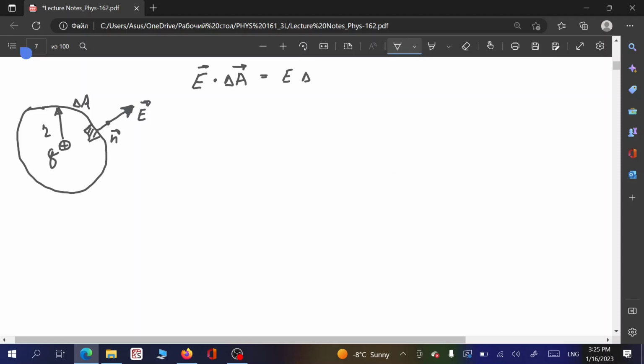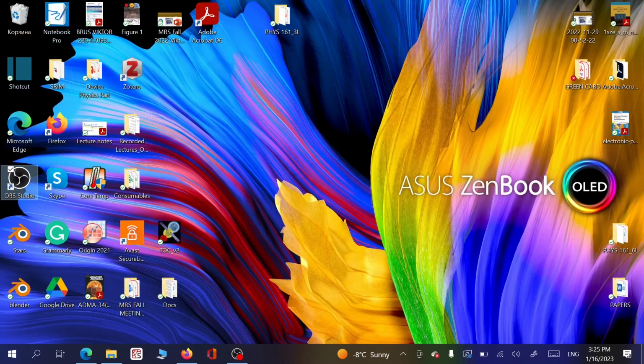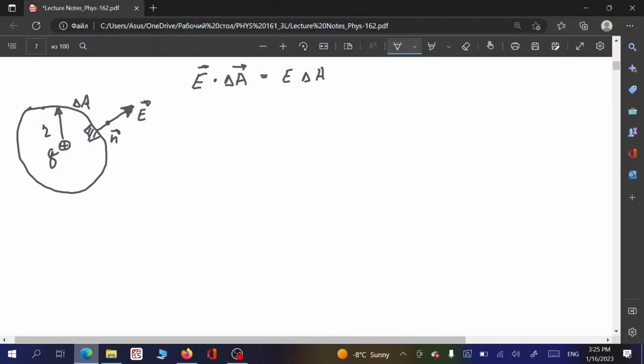So it will be E times delta A. Now we determine the electric field flux through this whole sphere, which encircles the positive electric charge Q. In this case, it will be the integral over the closed surface.